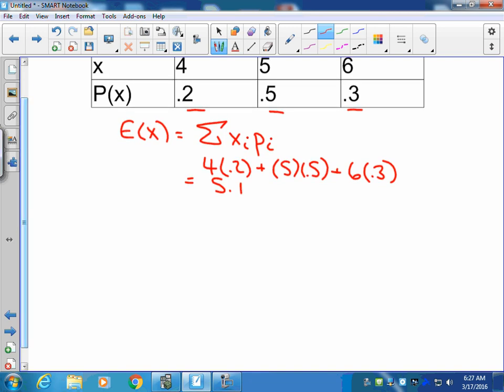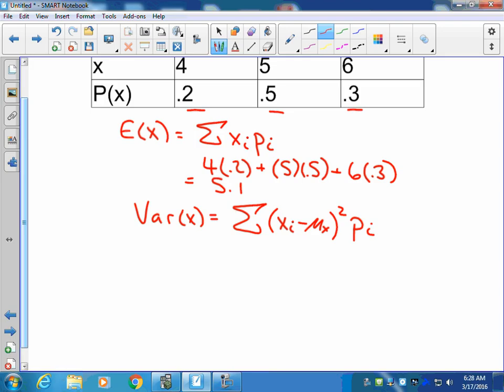Now, we're never given the standard deviation formula, but we are given the variance formula. It's the sum of every x value minus the mean of x, squared, times the probability of that individual value.